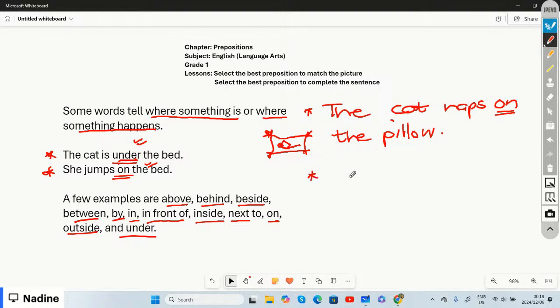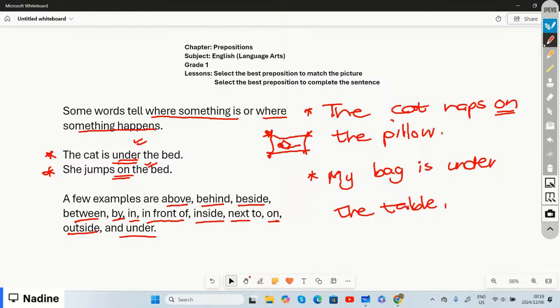Here is another one. If we say my bag is under the table, what is the preposition within that sentence?